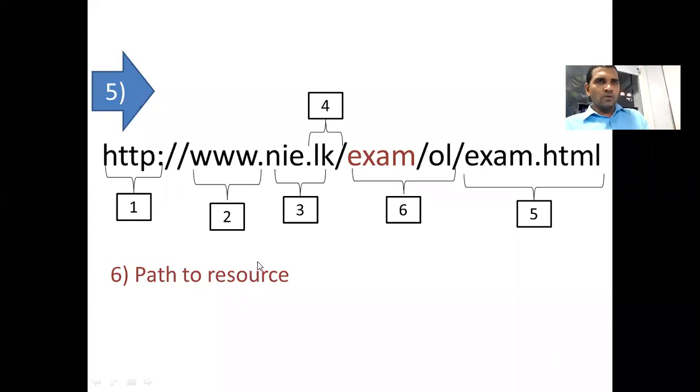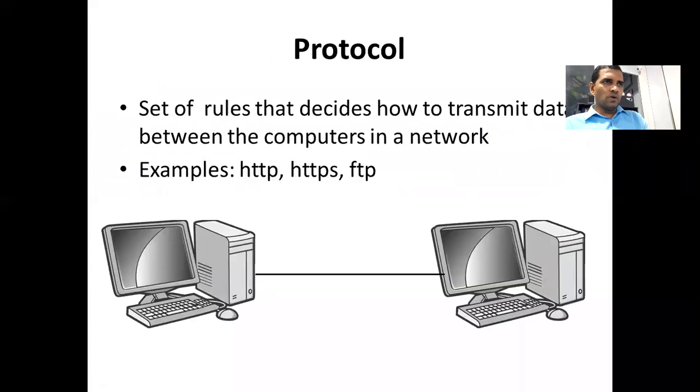In the previous class we talked about protocols, and I explained everything about protocol. So what is protocol? It is a set of rules used for exchanging files or whatever in a network. When 2 computers are connected in a network, definitely they need to exchange some files or information, so they should follow some rules.